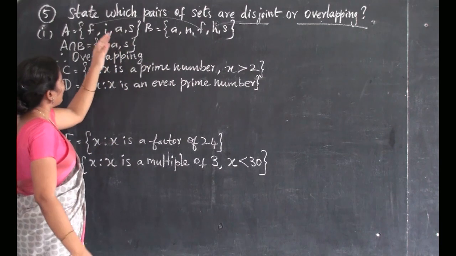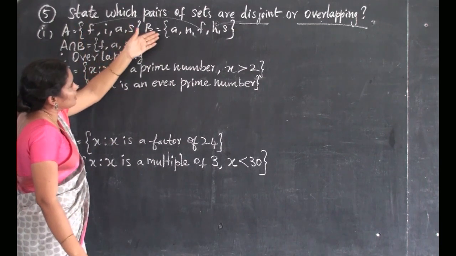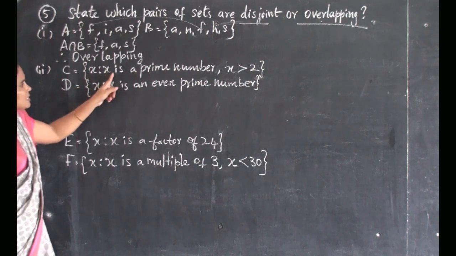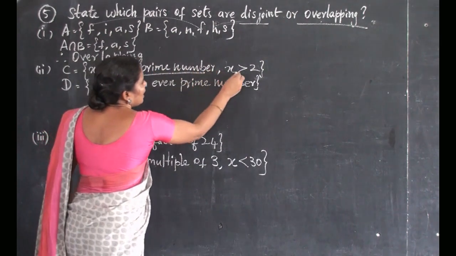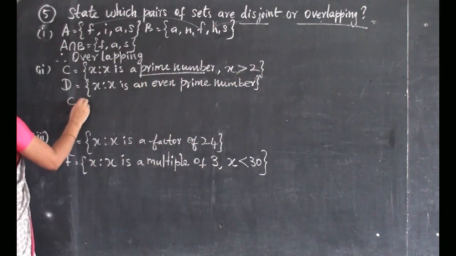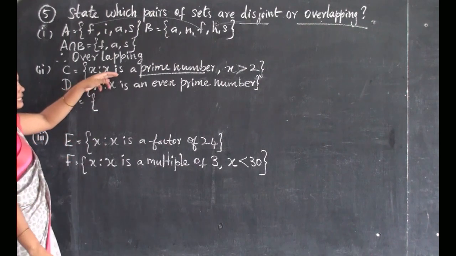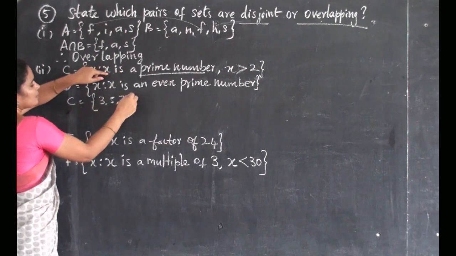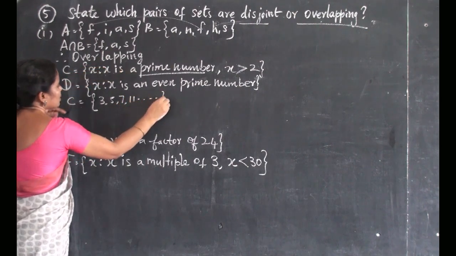More than what we have in A, it is additionally given in B. Okay, question number 2. C is equal to {x such that x is a prime number, x greater than 2}. What are the prime numbers greater than 2? So 3, 5, 7, 11 and it goes on, isn't it?